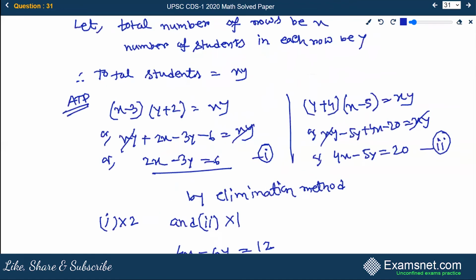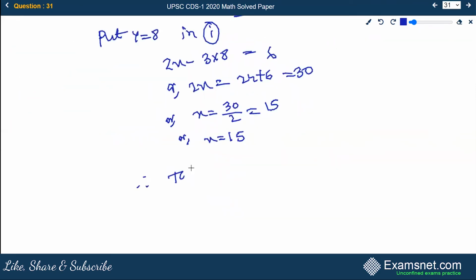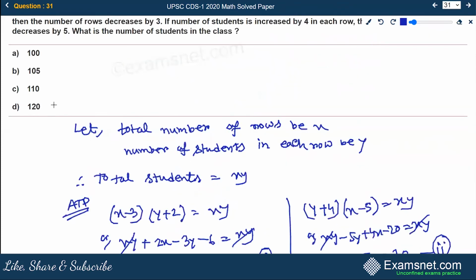Here we are asked to find the total number of students. Therefore, total students is 15 multiplied by 8, that is 120. So option D is the correct answer, 120.